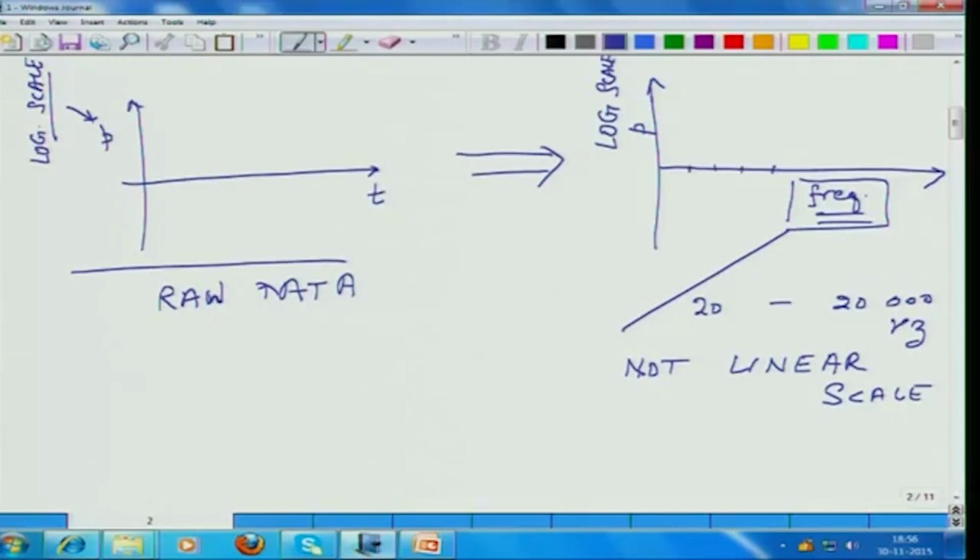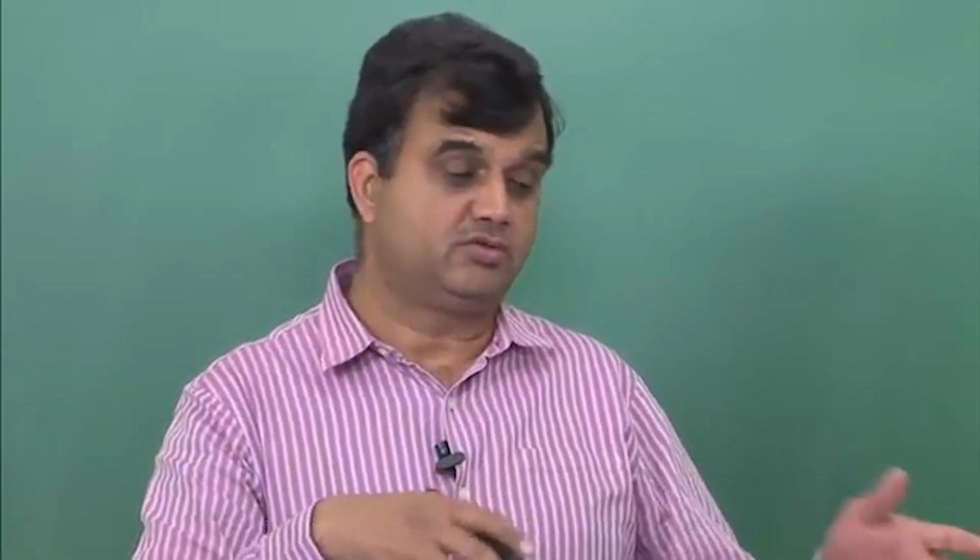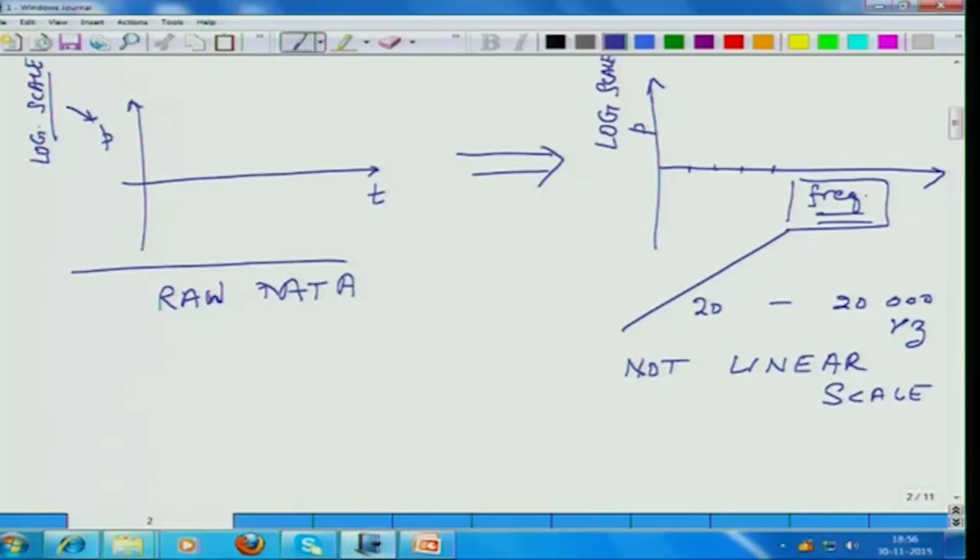If I'm just interested in, let's say, 1000 to 2000 hertz, I'm okay with a linear scale. But if I'm interested in a very large bandwidth, let's say 20 to 20 kilohertz or 20 to 1000 hertz, then it becomes impractical to have a linear scale. So in that case, whenever we use frequency on an axis, we again use a log scale.